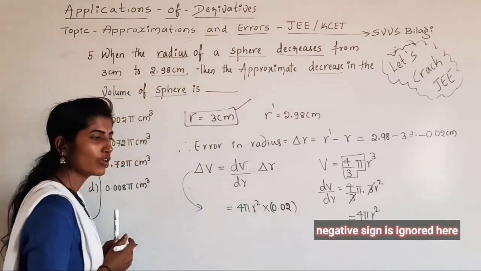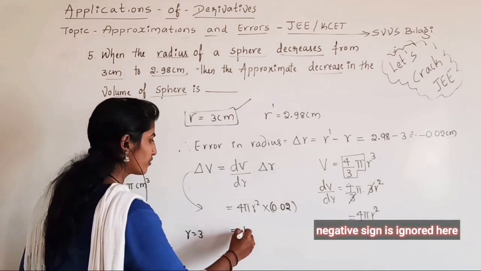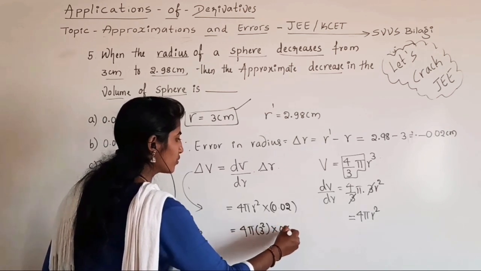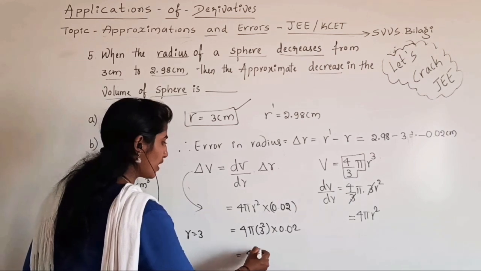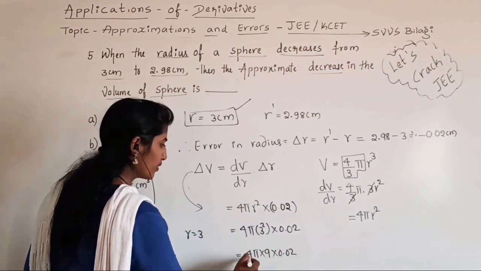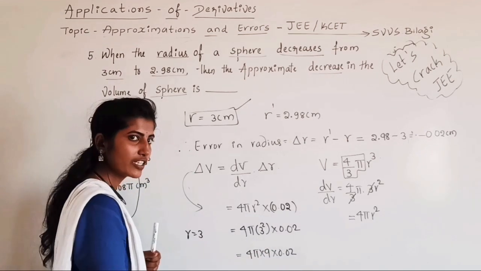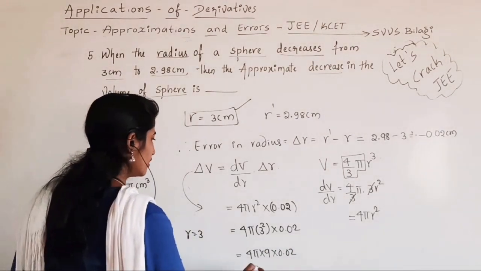The radius r value is already given, just insert r is equal to 3 here. That will be 4 pi into 3 square into 0.02. That will be 4 pi, 3 square is 9, into 0.02. That will be 4 into 9, 36.